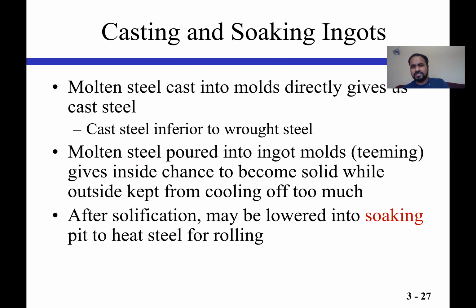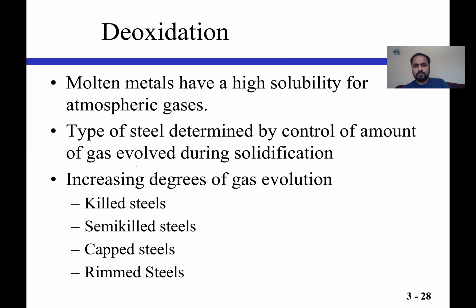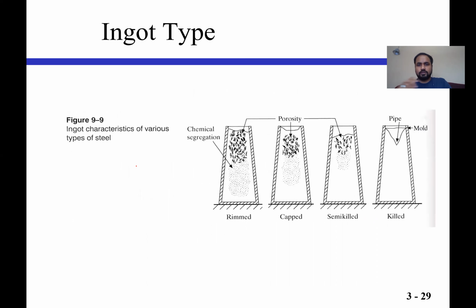There are some pictures for ingot casting. I won't go into the details of ingot casting, but I'll give you a small idea. When we do ingot casting, you can just have a mold. You get the molten metal and pour it in a structure, in a mold. This is a mold, and you are pouring the molten steel.